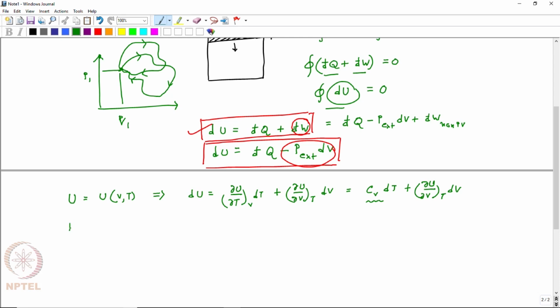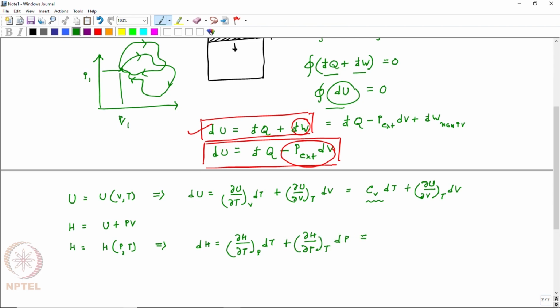Similarly, we can also define another thermodynamic quantity named enthalpy, which was defined as nothing but U plus PV. And similarly, we can write H as a function of pressure and temperature, and then we wrote the equation for dH, that was (∂H/∂T)p dT plus (∂H/∂P)T dP.